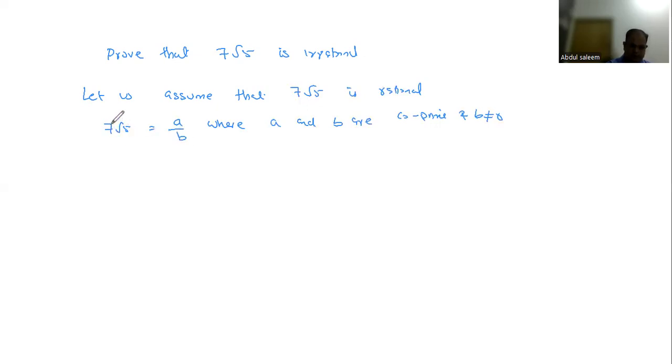The multiplied 7, we can transfer from the left side to the right side; the multiplication becomes division. Okay, so root 5 equal to a divided by 7 into b. The LHS, left hand side, is root 5, which is irrational.